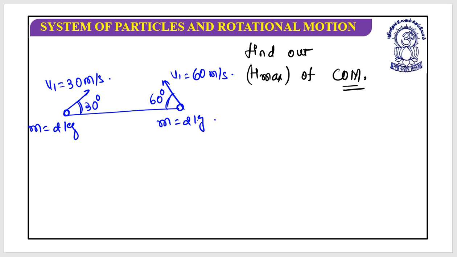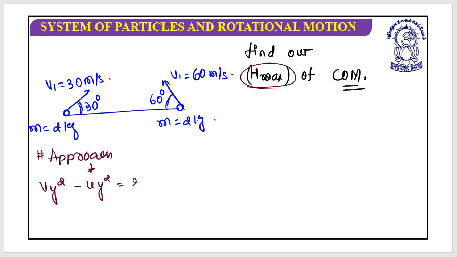So what I understood is that this should be the approach. Let's first define it and then we will work on it. What I understand is that while calculating h max, we are supposed to use vy square minus uy square is equal to 2 g h.